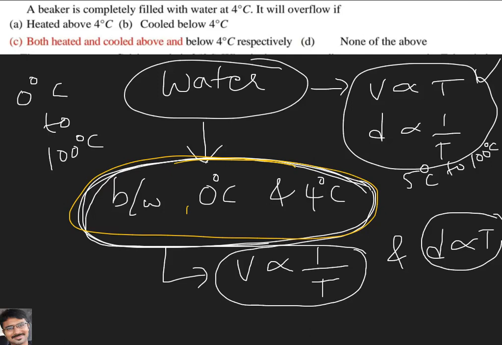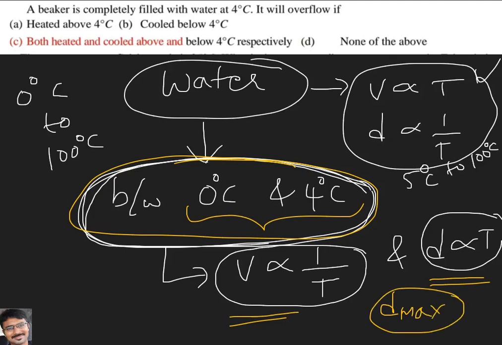So from 0 degrees centigrade to 4 degrees centigrade, density is directly proportional to temperature and volume is inversely proportional to temperature. So we can conclude density is maximum at 4 degrees centigrade.